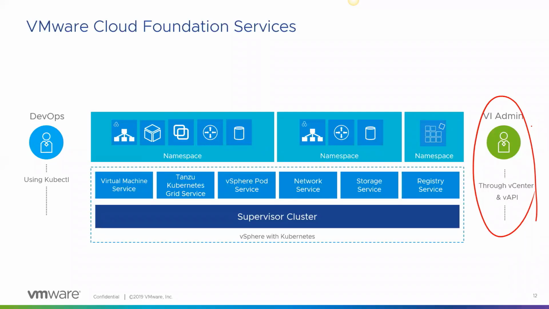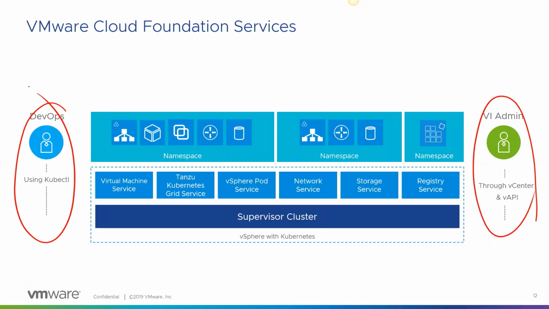If the infrastructure is modern, that infrastructure needs to be able to handle your existing workloads as they are, but also handle your modern applications, allowing your DevOps team to use that same cluster to deploy not just VMs, but also pods, giving you, the VI admin, the ability to carve out and define policies as to what the DevOps team can do, and giving you visibility, not just into virtual machines, but into the containers, the pods that are being deployed, and see what they're actually using and doing.